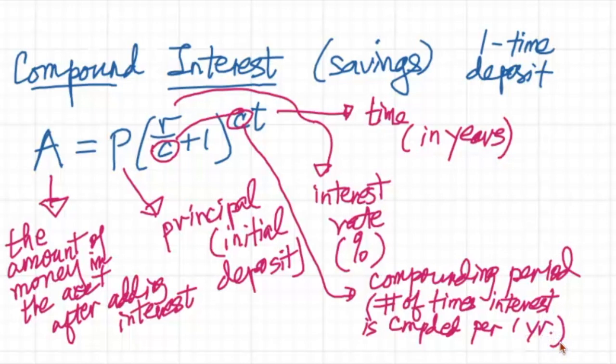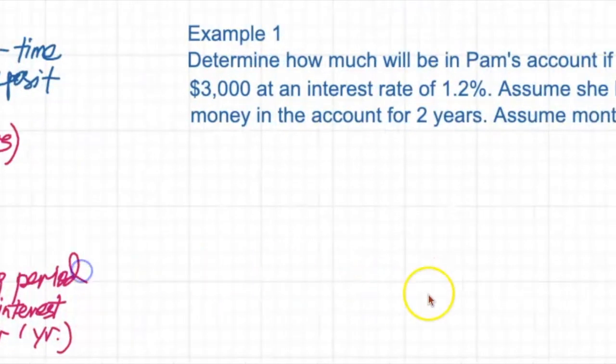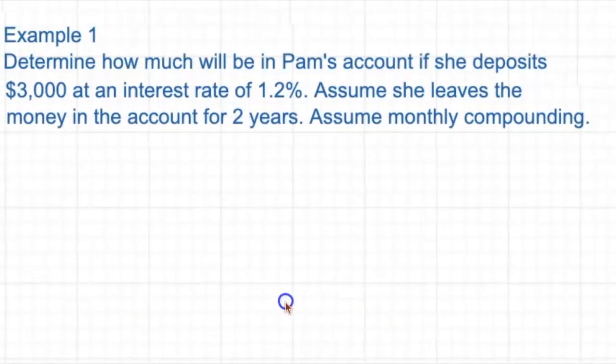We'll have to take a look at a problem to see how that is hashed out, but it's basically the number of times that interest is compounded per 1 year. Although the problem may state that the money is in the account for more than 1 year, our C is just going to be based on the compounding period for 1 year.